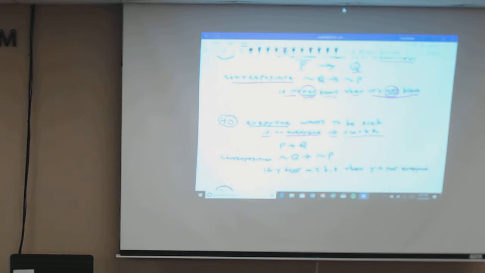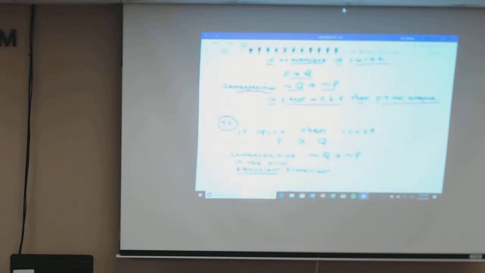If it's a cat, then it's a feline. You don't have to agree with the statement, but the statement's saying, if you're a person, then you want to be rich, and that's if P, then Q. The contrapositive is if not Q, then not P. So if you don't want to be rich, then you are not an everyone, or not a person.